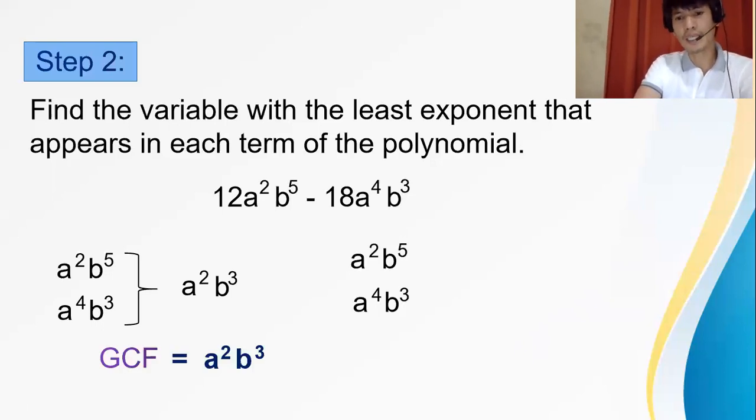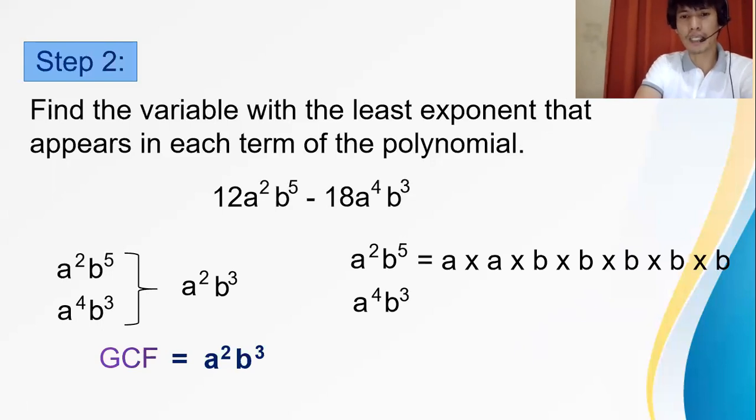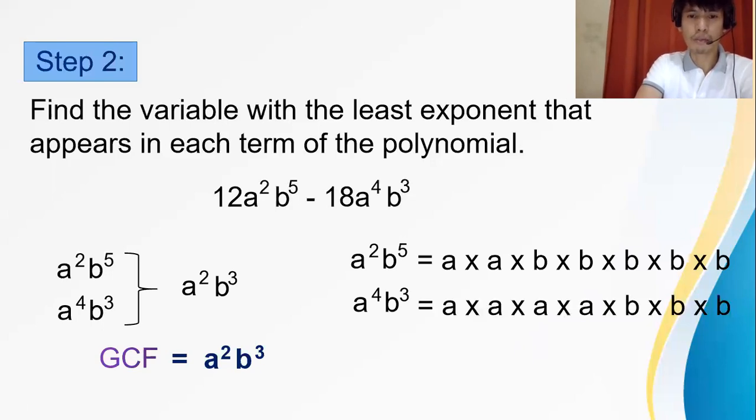So, another way to do this is to expand a to the 2nd power: a times a. Then, b raised to 5: 5 b's. Then a to the 4: 4 a's. Then b to the 3rd power, 3 b's. Then, you look for the common factor. For a, 2 are common. Then for b, 3 b's are common.